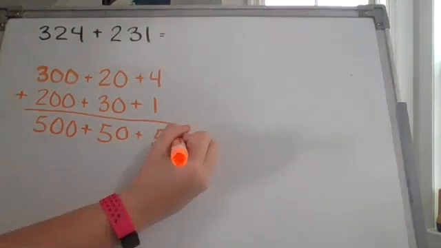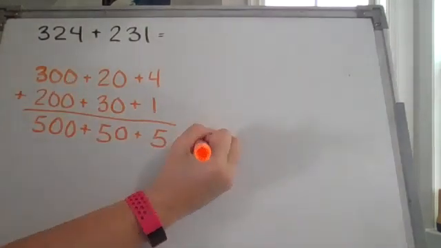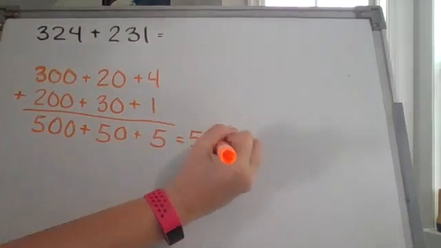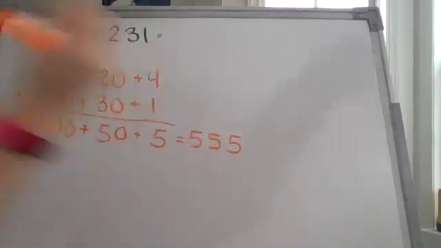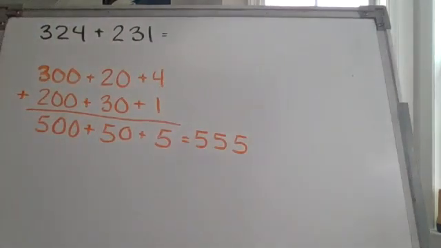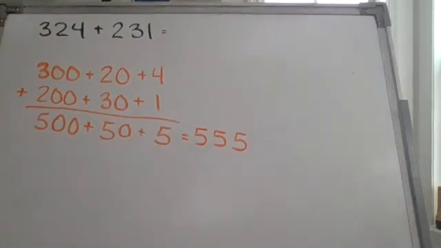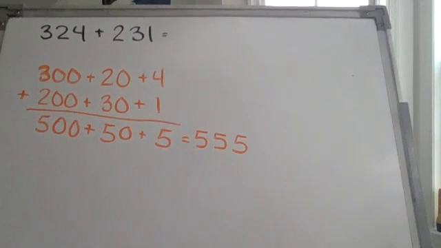Now I can add it up. 500, 5 tens, and 5. So my total sum is 555. This is the break apart model, okay? If you need to draw a quick picture, you can draw a quick picture, okay?